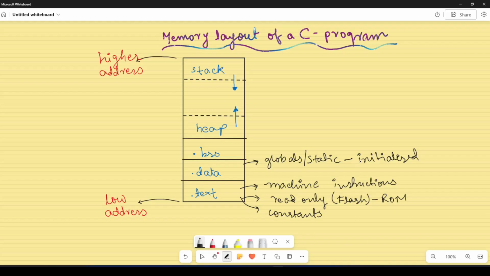So all the initialized global and static variables declared will come here, other than 0. So the user is initializing the variables here to values other than 0, and these variables have to retain the values throughout the program because the user has explicitly initialized them.